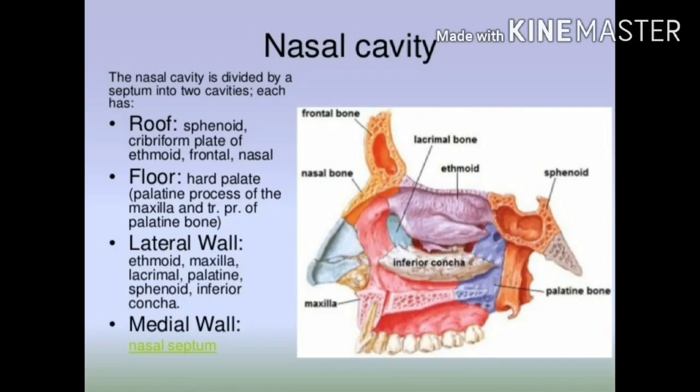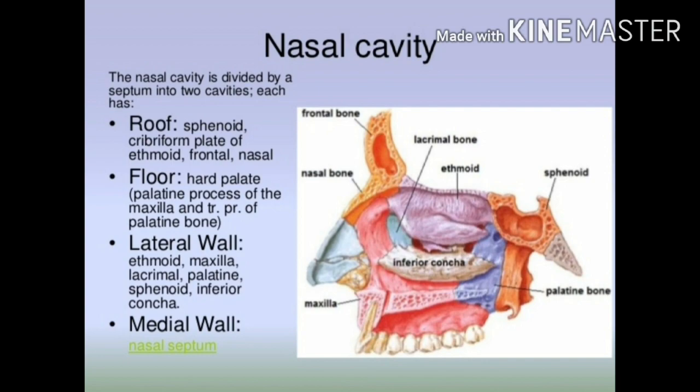Now the nasal cavity has 4 walls or 4 boundaries. The upper portion is known as the roof and the lower portion is known as the floor or base of the nasal cavity. Laterally the lateral wall, and medially the nasal septum, is present. In this picture, color coding is used for easy pointing of the bones or the coverings.